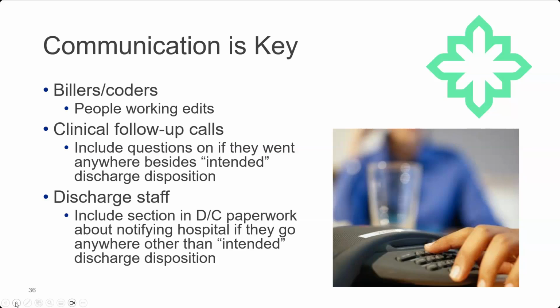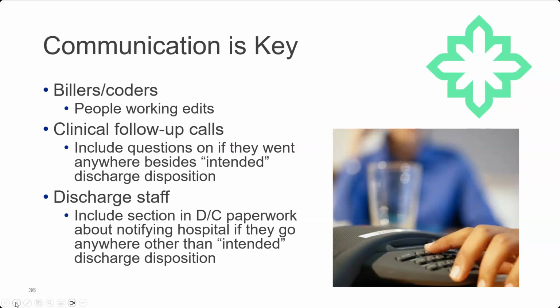So this can include information for your patient or caregiver to notify you as the discharging facility if that patient goes anywhere other than the intended discharge disposition. This should also come with clear direction on who to contact via phone or email. So that information could be gone over with the nursing staff.